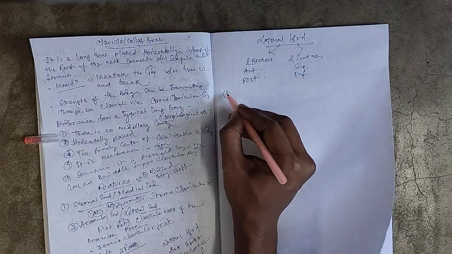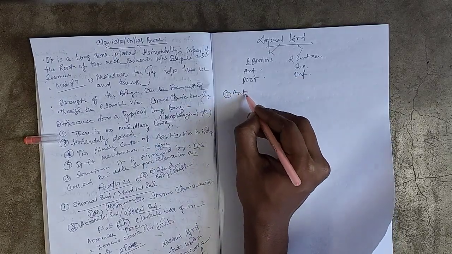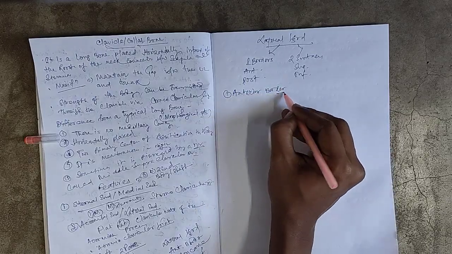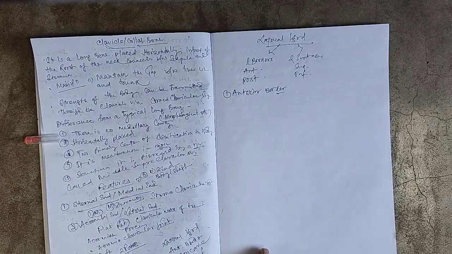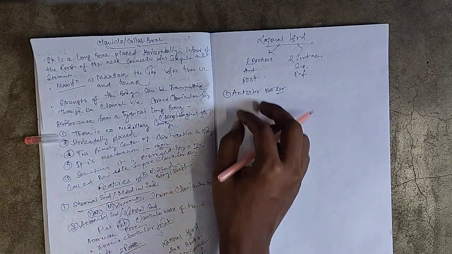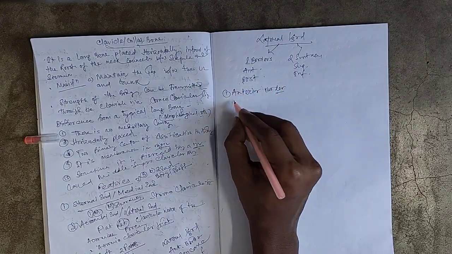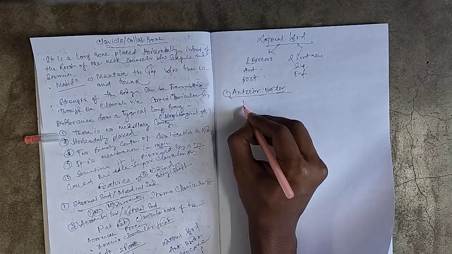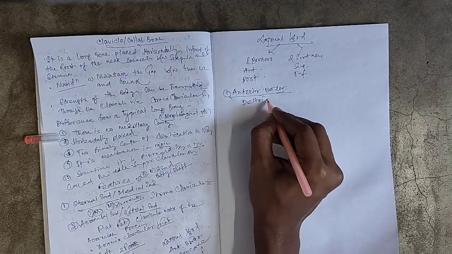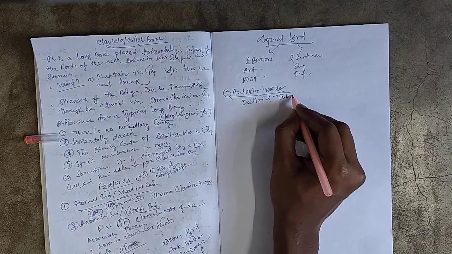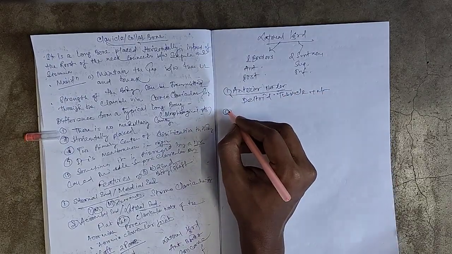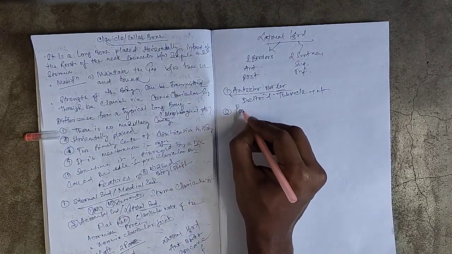Now, first, the anterior border. In the anterior border, there is a tubercle called the deltoid tubercle. Number 2, the posterior border.